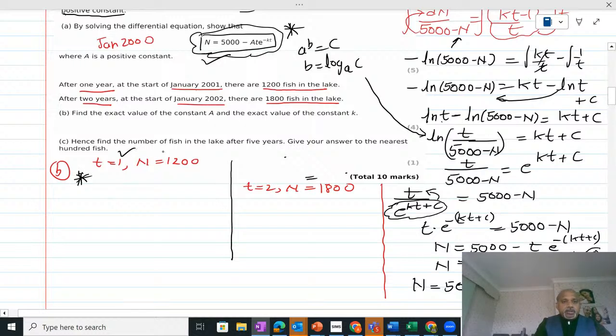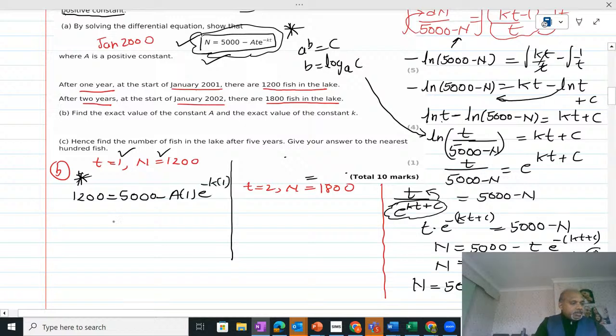If you put t equal to 1 and n equal to 1200 in the equation marked with the asterisk, it should be 1200 equal to 5000 minus A, t is 1, e to the power minus k.